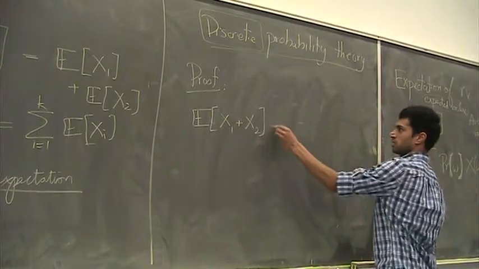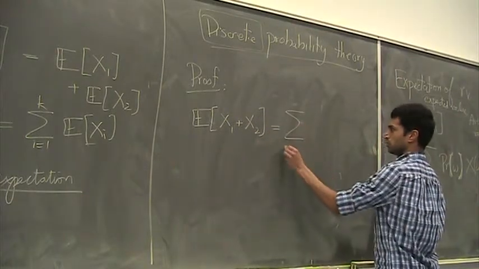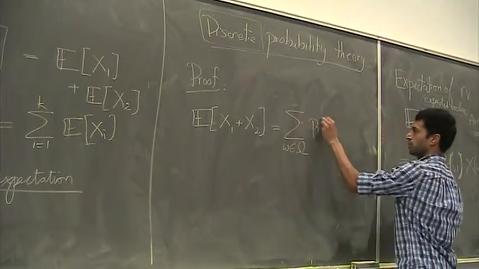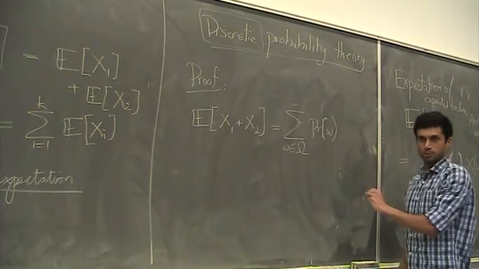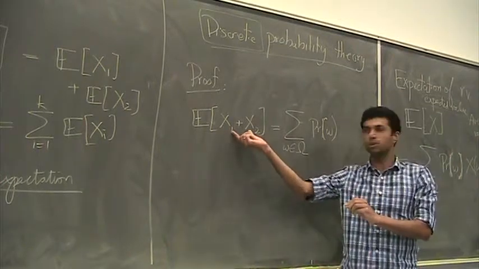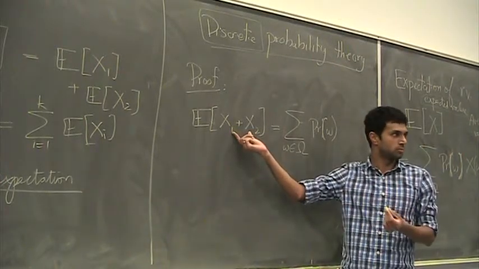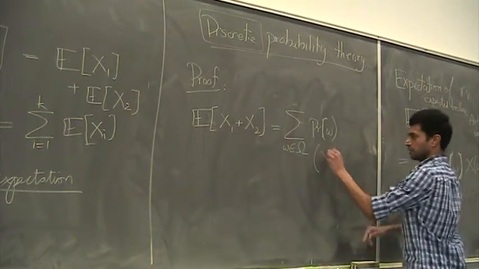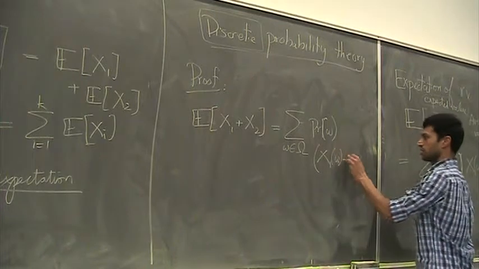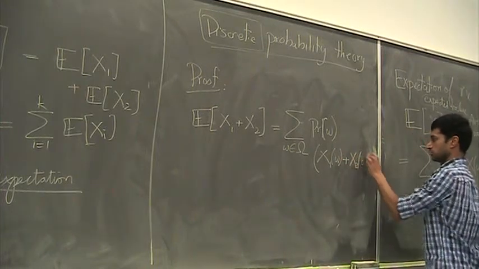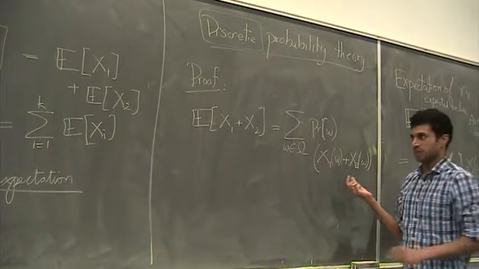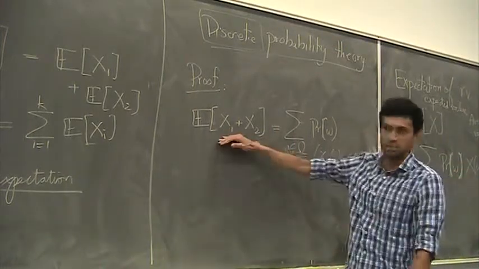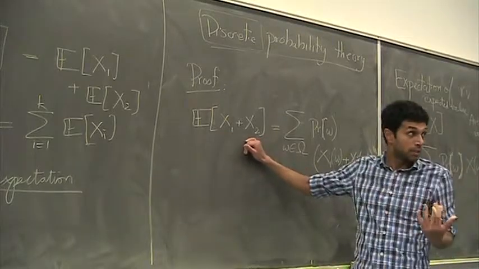So what is this? Well, this is the sum over all outcomes of the probability of the outcome times the value of this random variable at that outcome. What is the value of this random variable? It's just x1 of omega plus x2 of omega. This is some random variable, this is another random variable; given a particular outcome, this gives you some value and this gives you some value.